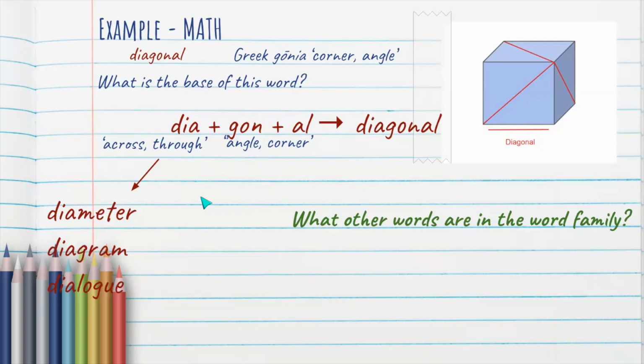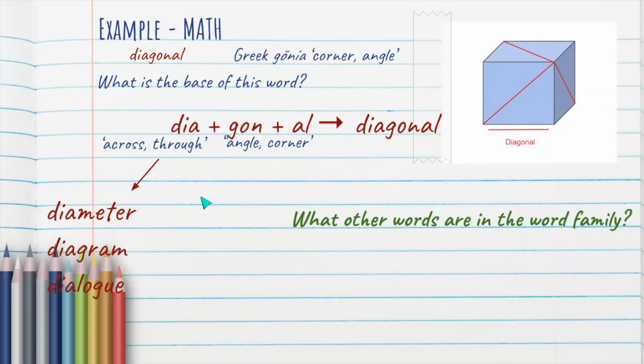So this is another example of where once you dig out the word parts, once you look at the morphemes, the word sums, you can take this conversation into any direction you want. We could fall down the rabbit hole of other words that have DIA in them. I could also look at GON.